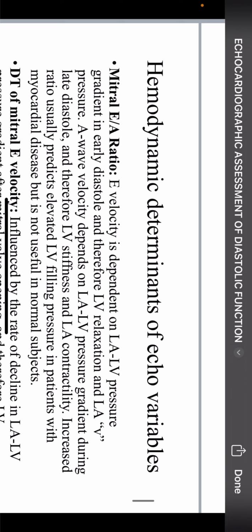Next, isovolumic relaxation time. These are the parameters we shall measure to diagnose diastolic dysfunction and to grade it, because it is graded based on the American Society of Echocardiography: grade 0 is normal, grade 1, grade 2, and grade 3.